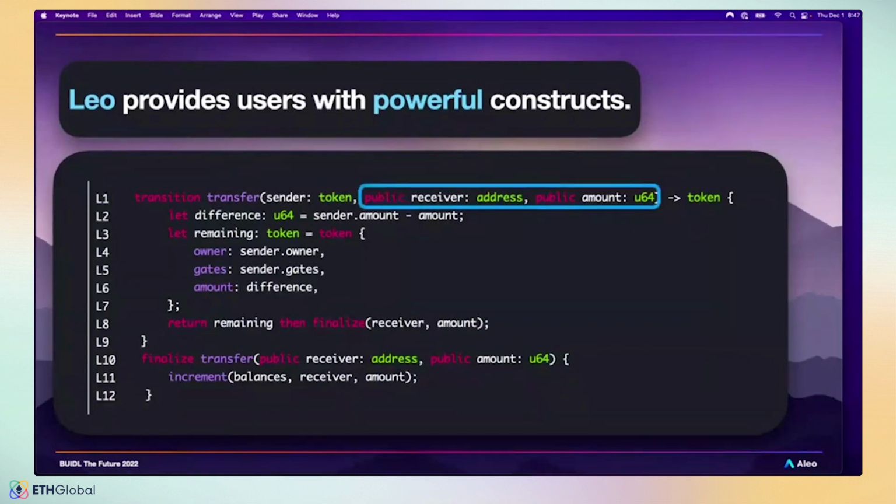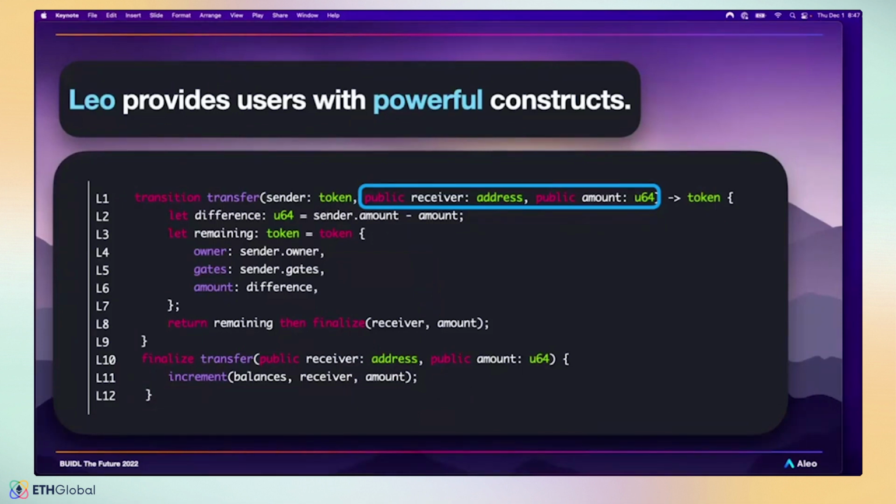So first of all, we added 2 public modifiers for receiver and amount. In this case, the way this transfer function is going to work is that it's going to take in a sender's record, return the sender a new record with the remaining balance, but then invoke some on-chain execution that updates a mapping on-chain with the receiver and its new balance.